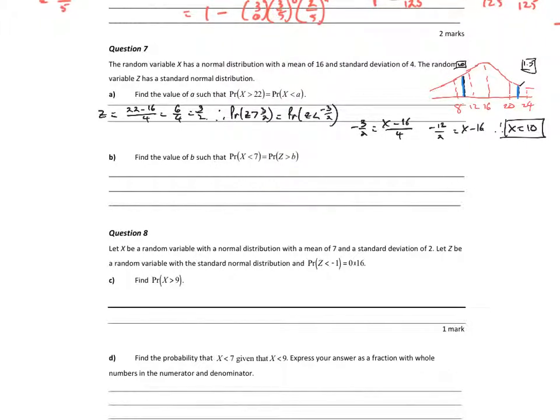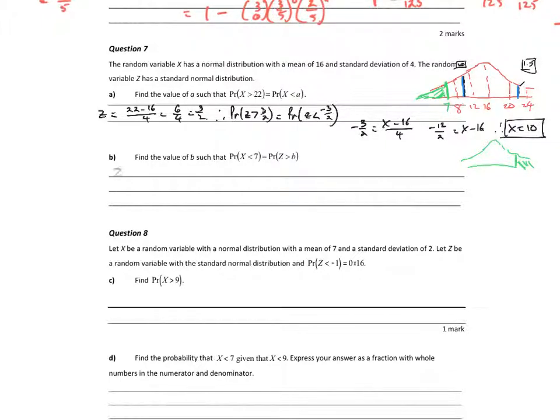Righto, part B. Find the value of B such that the probability that X is less than 7, which is even smaller again, is equal to the probability that Z is greater than B. So I've got this really small probability here. So my corresponding probability for Z is going to be, if that's my Z curve, up here somewhere, so it's going to be above 2, isn't it?